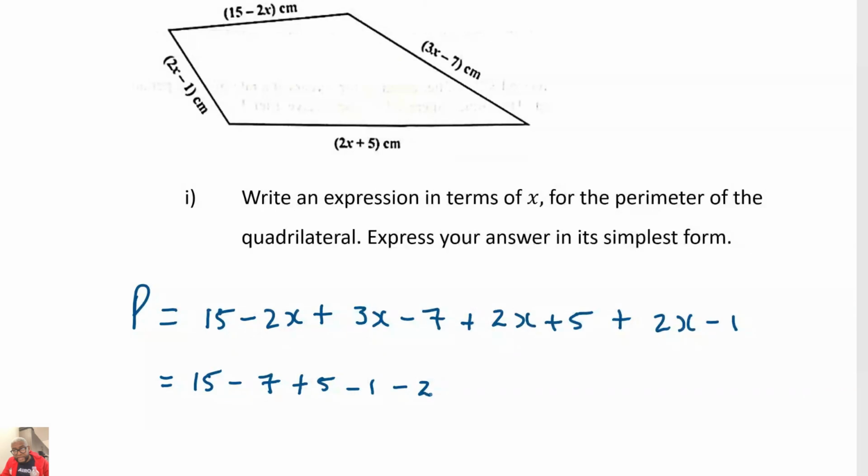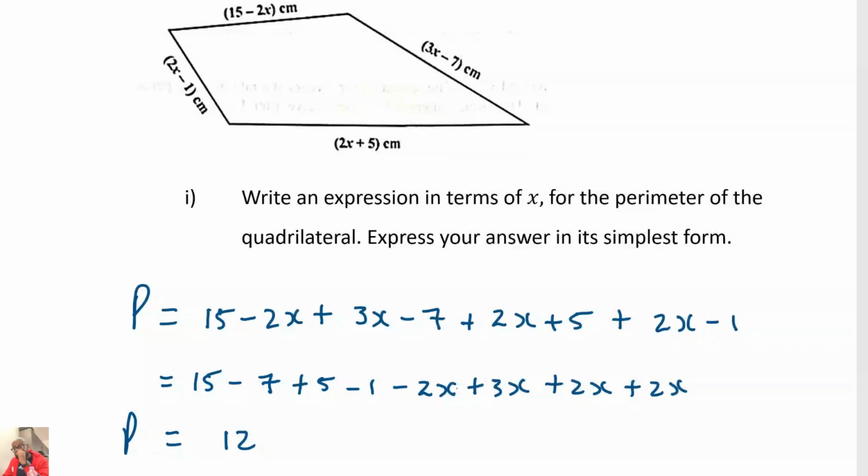You have minus 2x here, then plus 3x, then plus 2x, then another plus 2x. Let's work. What would P be equal to? 15 minus 7 plus 5 minus 1 is what? 15 minus 7 is 8. 8 plus 5 is 13. 13 minus 1 is 12, right?